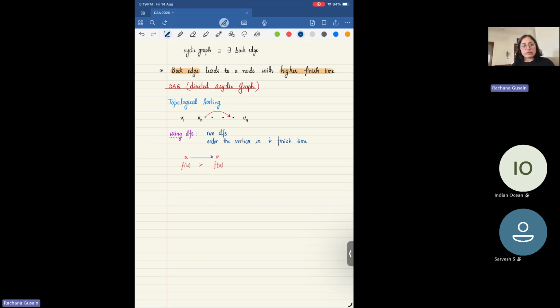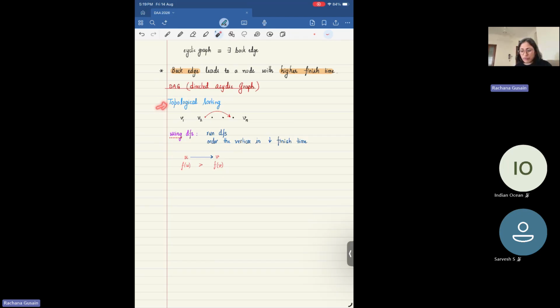Now that we have an understanding of start and finish numbers and topological sorting, we can move on to a nice application of depth first search. This is also one simple application of DFS.